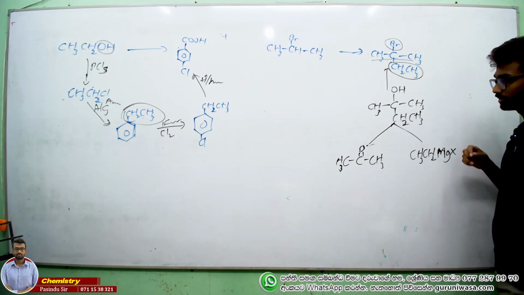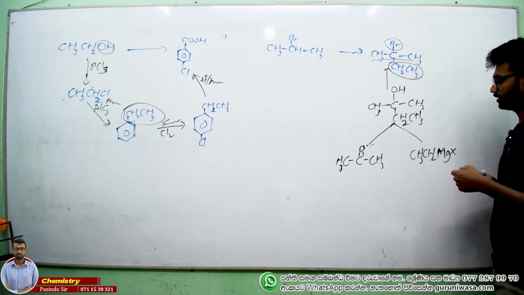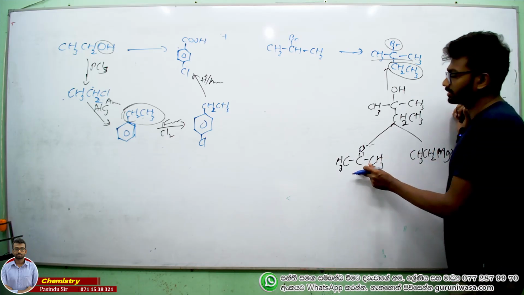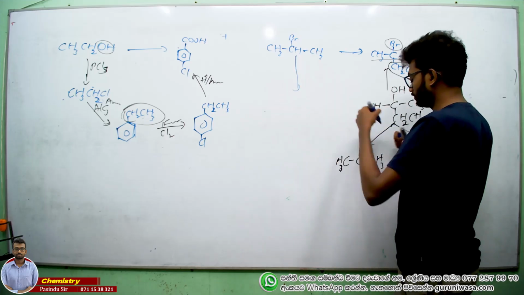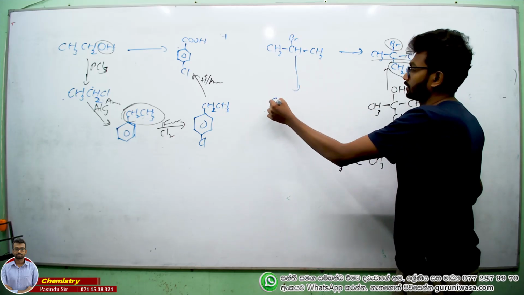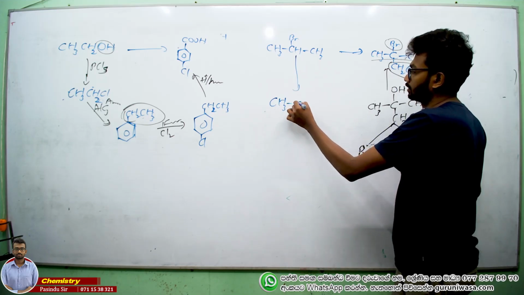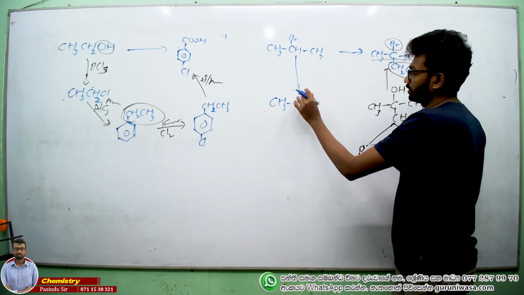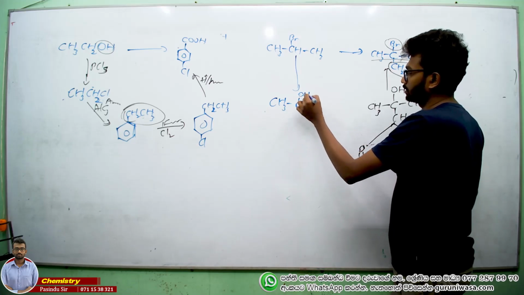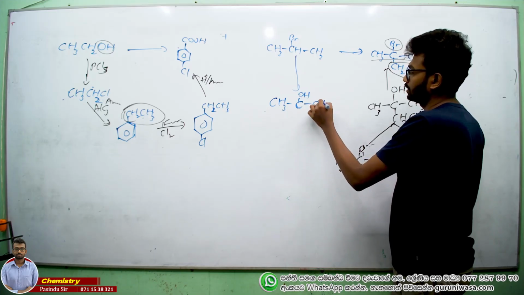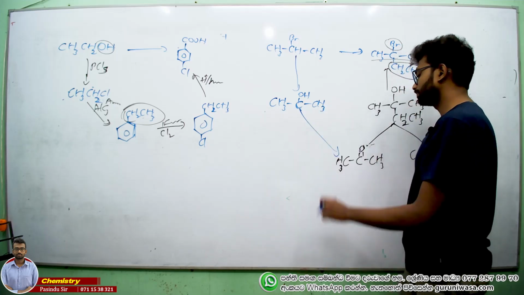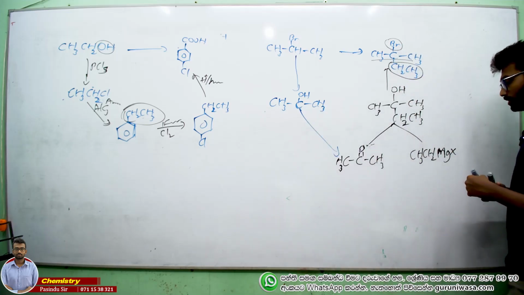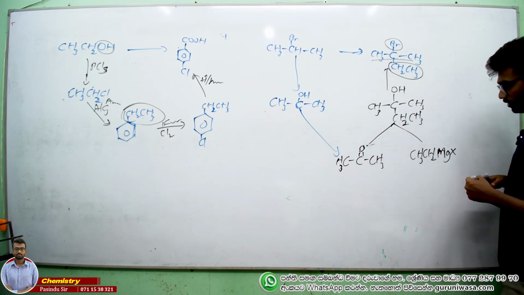Then it's already done, right? You can make this structure using this one, convert it into OH, and then convert into ketone. Then how to make this one?